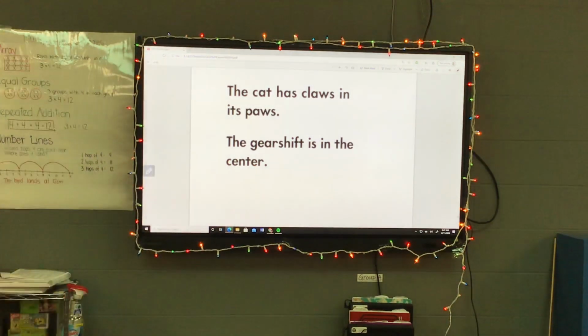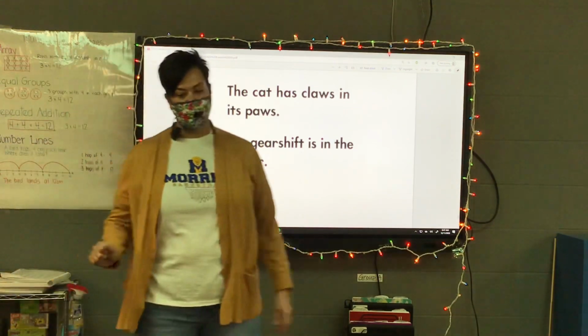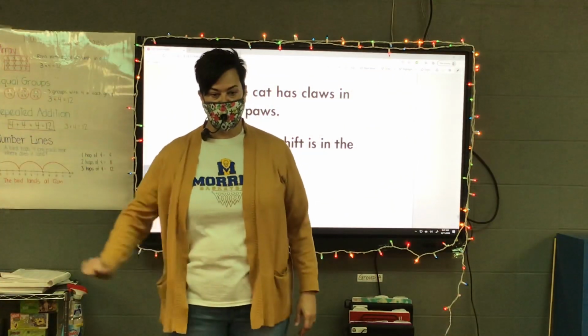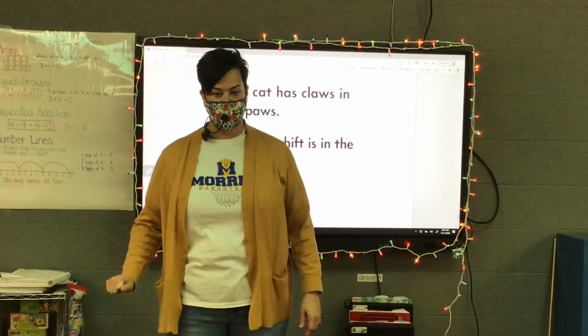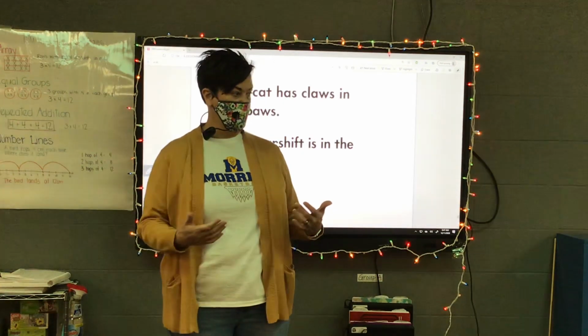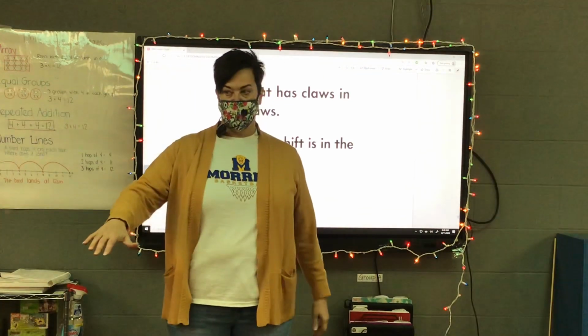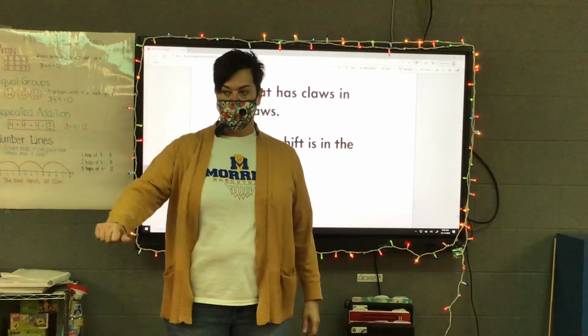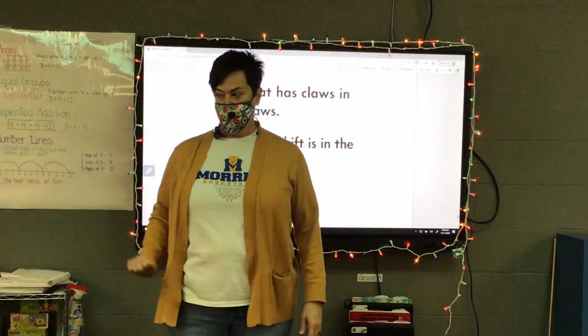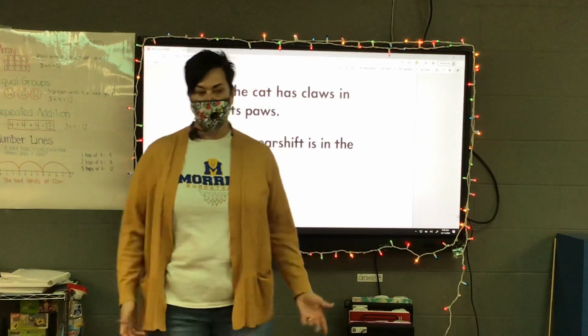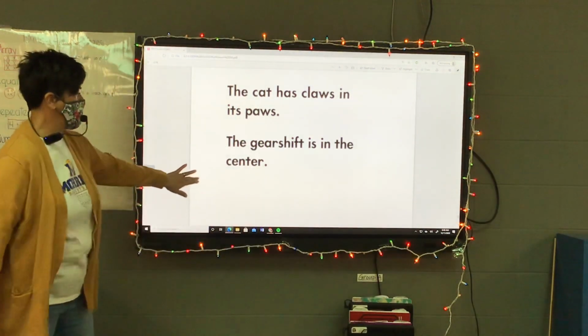Let's say it like we're telling this to someone. The gear shift is in the center. Have you ever seen a car or a truck that has this thing where people have to move it like this to be able to drive it? That's the gear shift. Or sometimes they slide it just back and forth to be able to drive it. That's the gear shift.